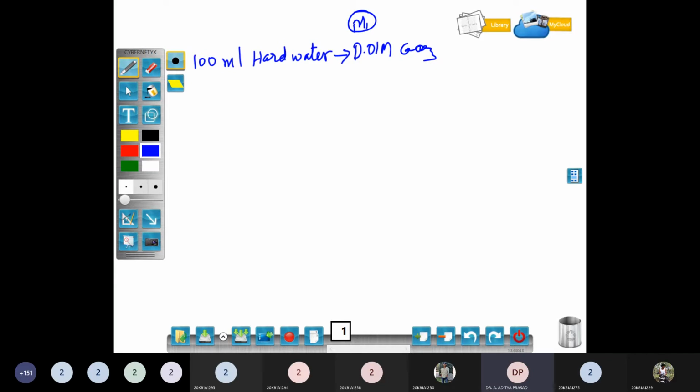Here we need to use a formula. As we are calculating in terms of molarity, we use M1 V1 is equal to M2 V2.